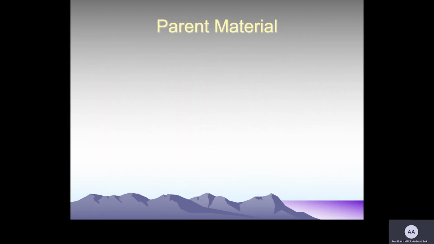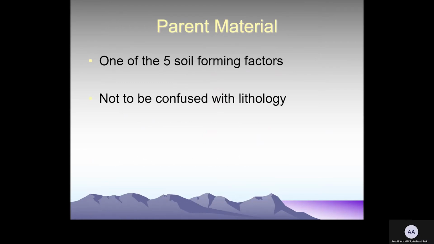We're going to talk about parent material quite a bit here. Parent material is one of the 5 soil forming factors. The others being organisms, climate, topography, and time. Parent material is the stuff from which the soil developed.